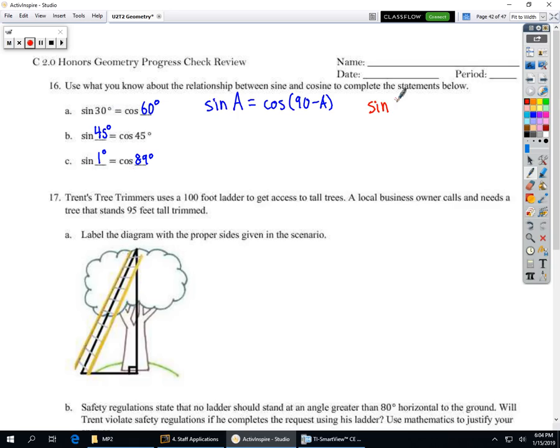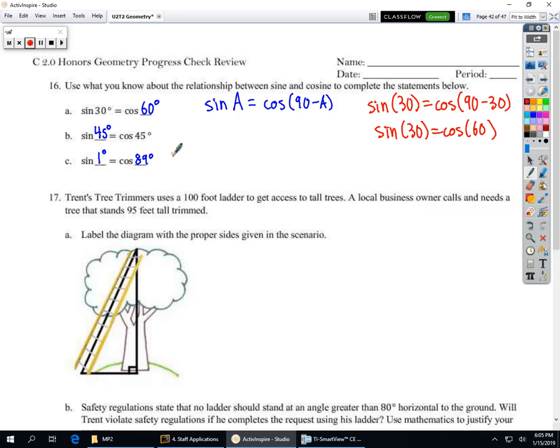Sine of 30 equals cosine of 90 minus 30. So that means sine of 30 equals cosine of 60. And again, both angles add to 90. So this is just the formula representing this pattern, because they both add to 90.